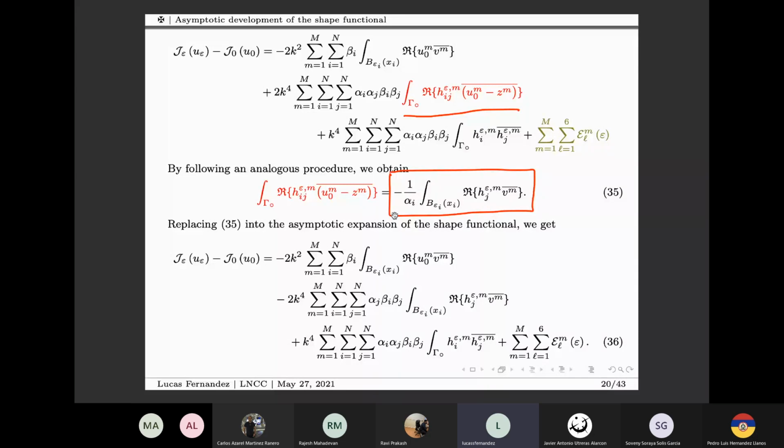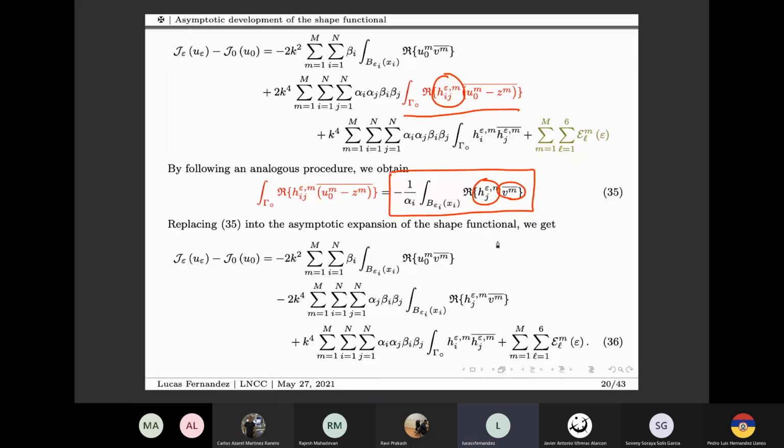So the advantage here lies in the fact that I don't need to work with this function hij epsilon that comes from a difficult boundary value problem to be solved. Instead, I can deal with the simpler functions hj epsilon and v.